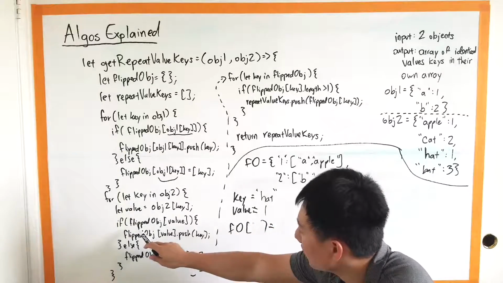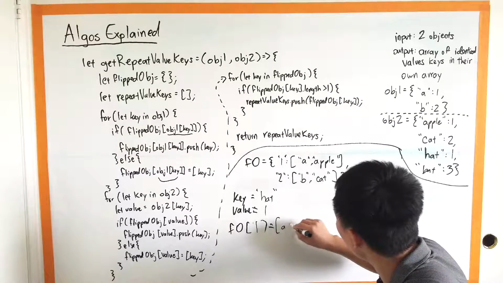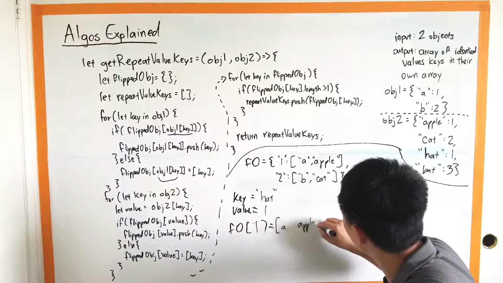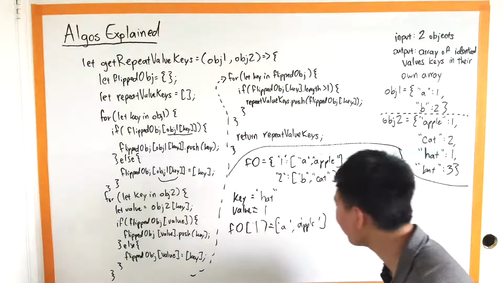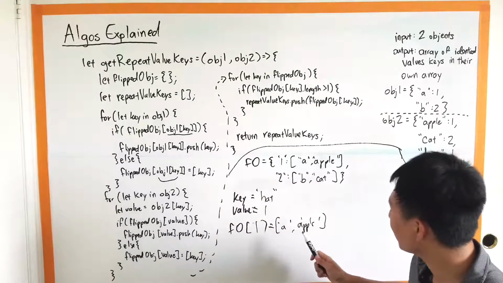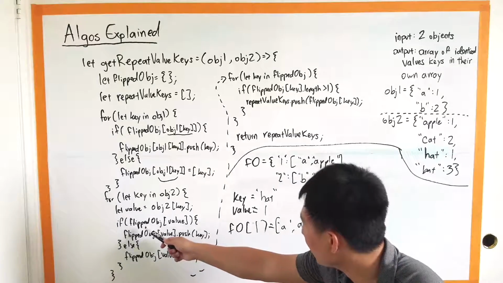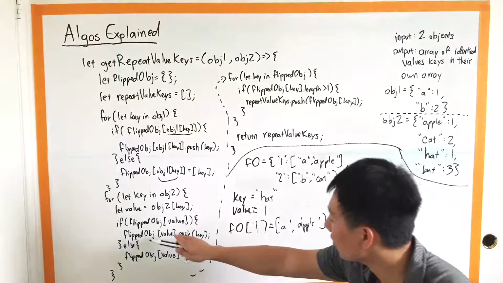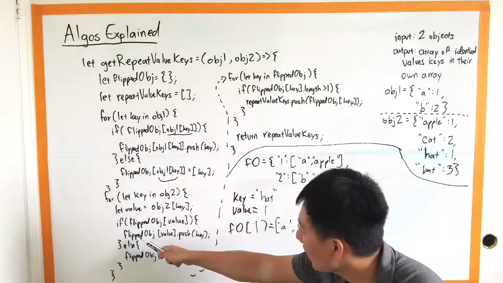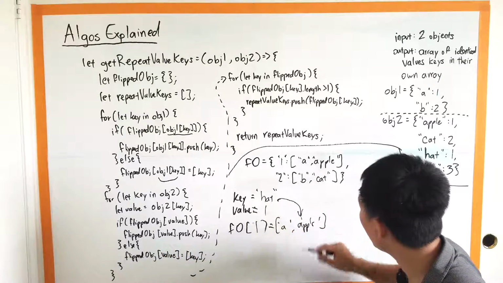And so what we're going to do is flipped object of the value. Flipped object of 1 returns to us A and apple. My writing is getting messier and messier, I apologize. So we're going to check, okay, flipped object of value. It was an array that we got back, that's truthy. We're going to go into that section of the if statement, and we're going to push into it the key. We're going to push into it hat. So hat goes in there.